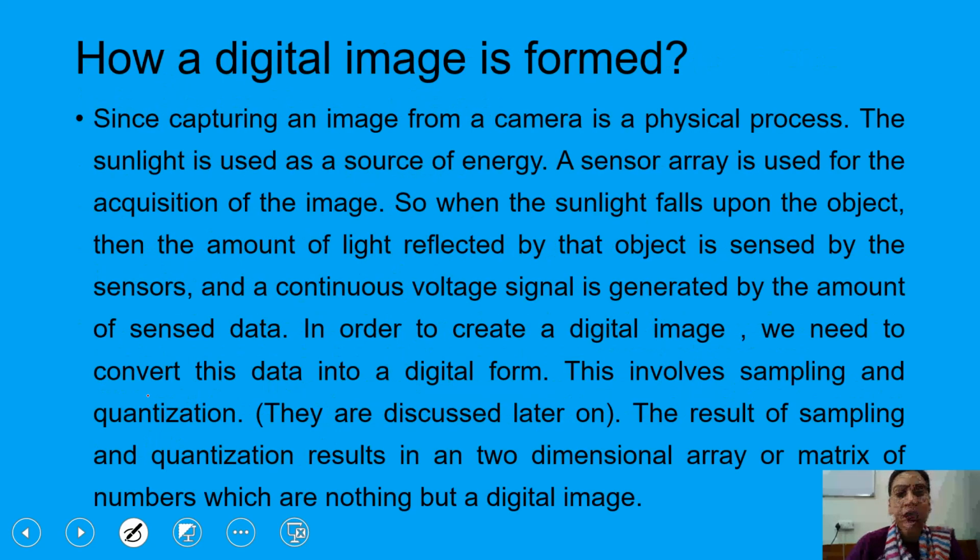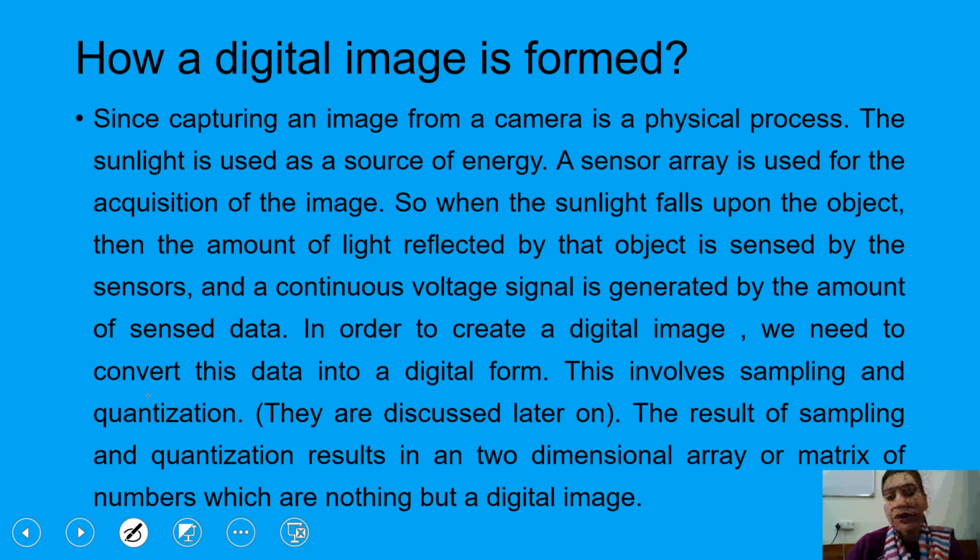How a digital image is formed. Since capturing an image with a camera is a physical process, sunlight is used as a source of energy. A sensor array is used for the acquisition of the image. When the sunlight falls upon the object, the amount of light reflected by the object is sensed by the sensor, and a continuous voltage signal is generated from the amount of sensed data.